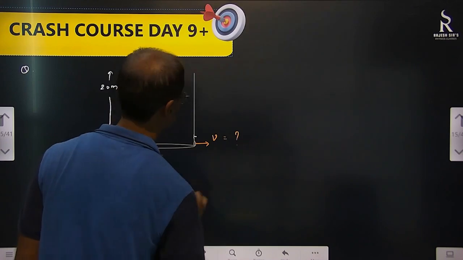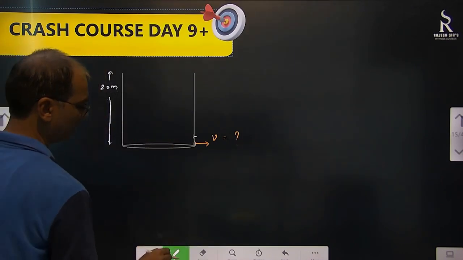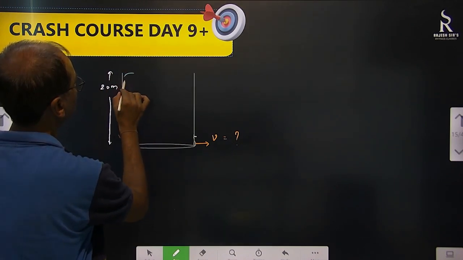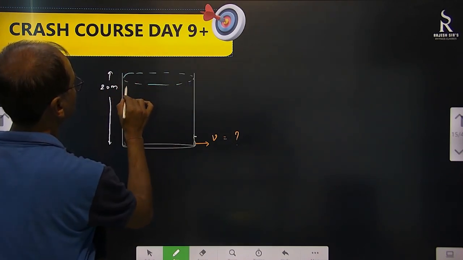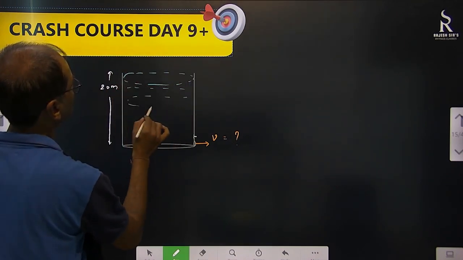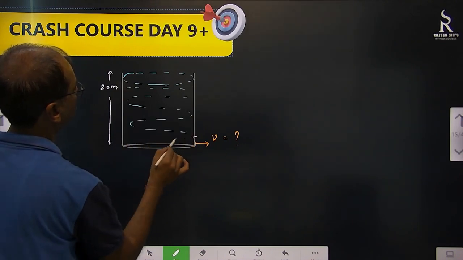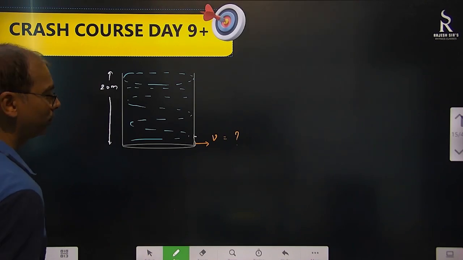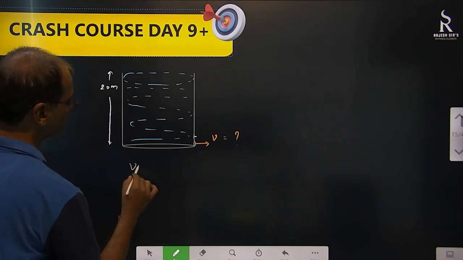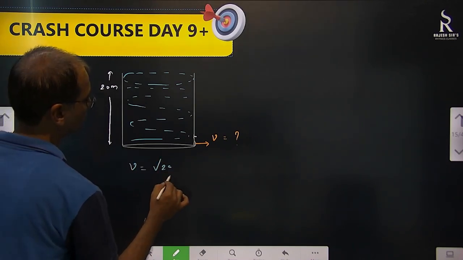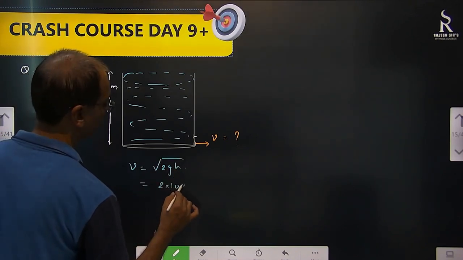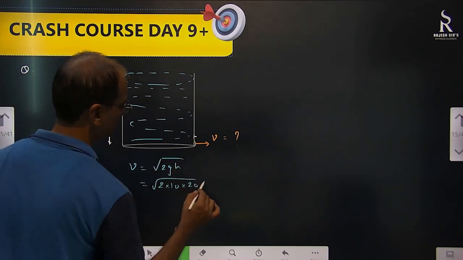Very easy question. This is full of liquid. Fine. With what velocity? The velocity of efflux we can directly find. v equal to root 2gh. That's all. 2 into 10 into 20. Answer is 20 meter per second. Simple question.